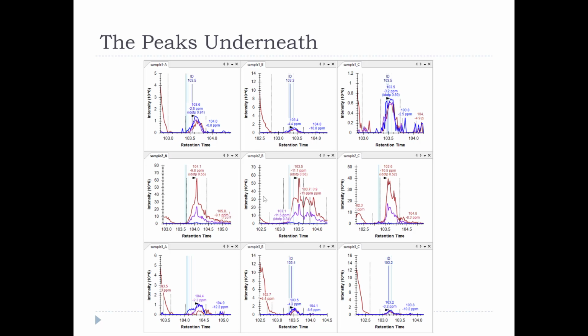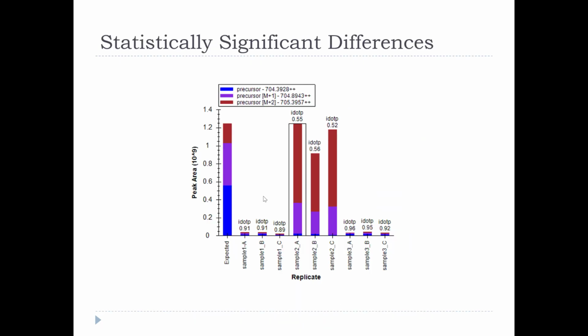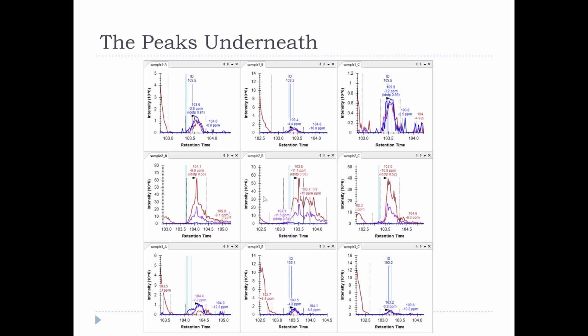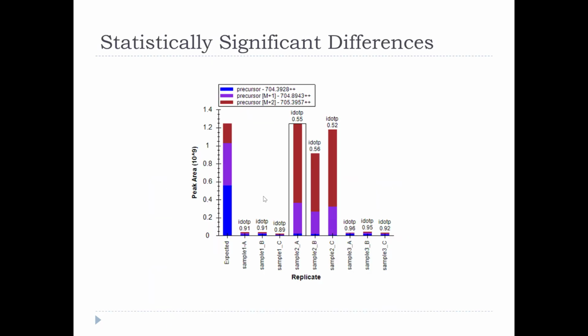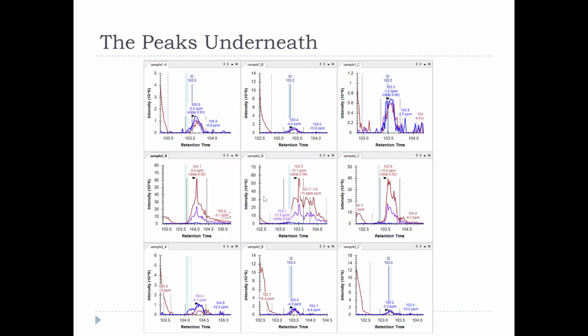If we went back to this plot, that's sample 3A, and it has a 0.96 IP. And then we can even look at -2 ppm, -4 ppm, -3 ppm, -2, 4, 2. Pretty consistent, but what's going on here?